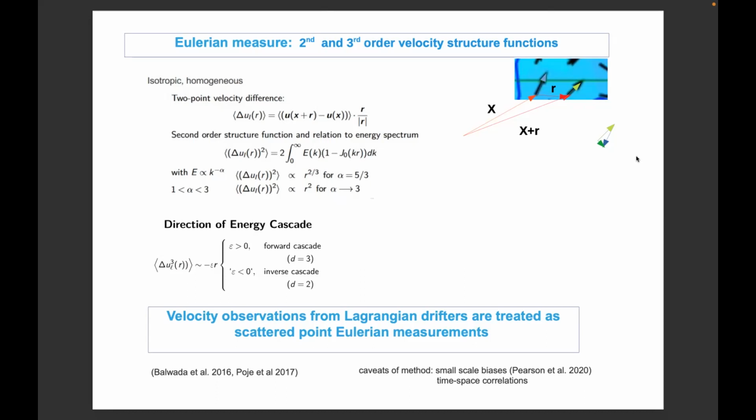And usually it's shown by taking the third order structure function divided by r, and then we should have a plateau either in the positive sign part or in the negative part. And from this we could derive a forward or inverse cascade.